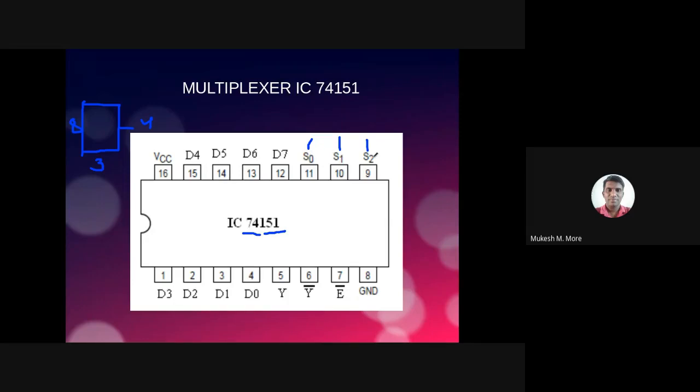Select lines are used for selecting the data input line which will be transferred to the output. So a multiplexer is a data selector.